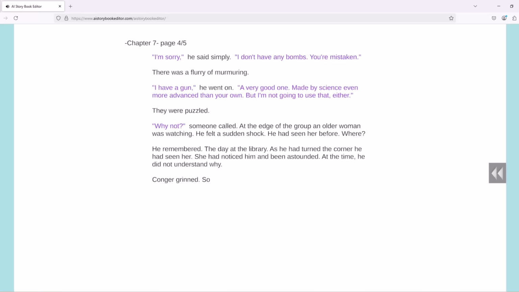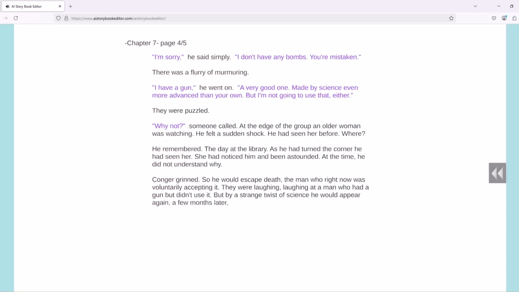Conger grinned. So he would escape death. The man who right now was voluntarily accepting it. They were laughing at a man who had a gun but didn't use it. But, by a strange twist of science, he would appear again, a few months later, after his bones had been buried under the floor of a jail, and so, in a fashion, he would escape death.